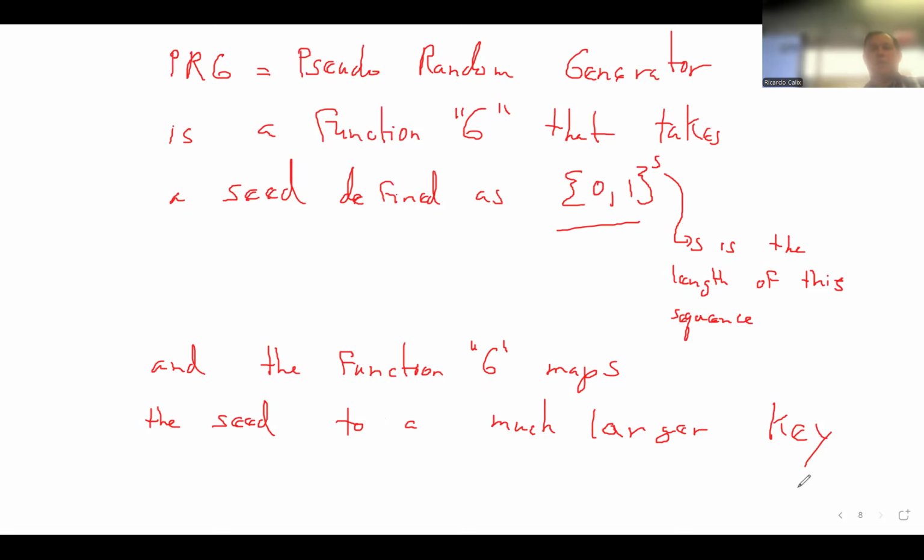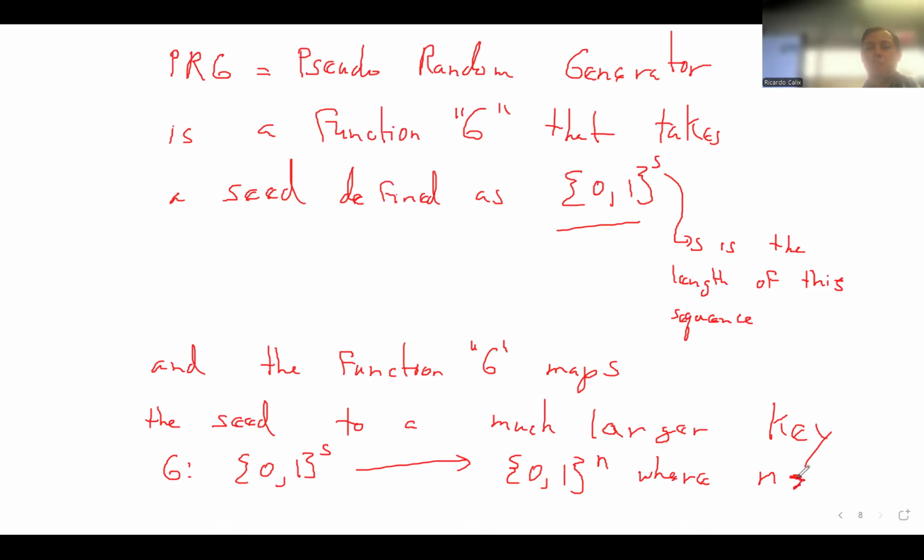So here you can see the definition of this. G takes 0, 1 of size S and maps it to 0, 1 of size N, where N is much bigger.